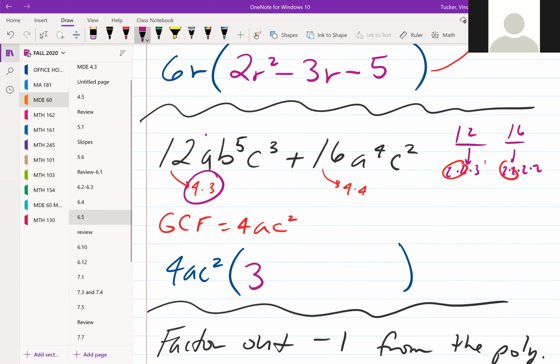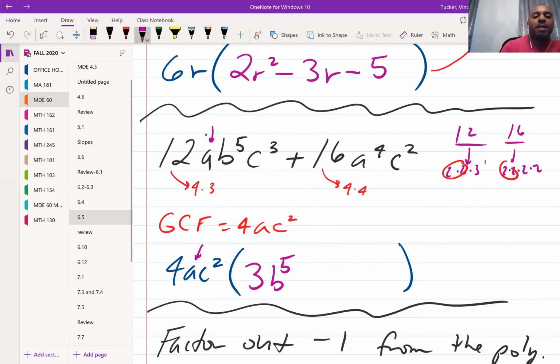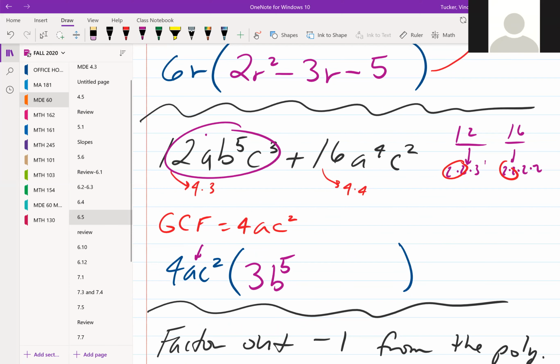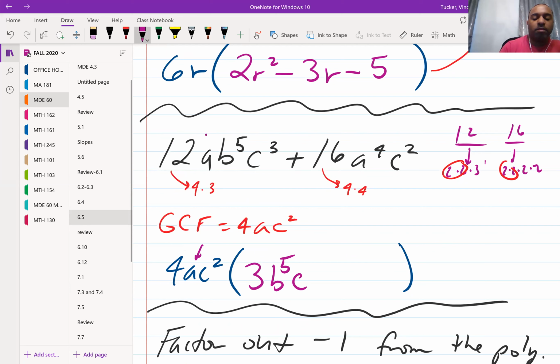So now this a represents what I took out of that 12ab5c cubed. So if I took a out, then there's not going to be an a here. But it'll be a b, right? So next would be b to the 5th, right? So now how many c's did I take out of this term? You already took 2, so it leaves 1 left? Yep. And that's it.